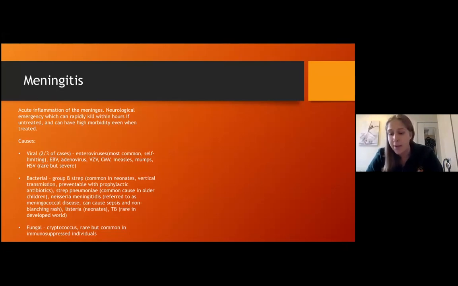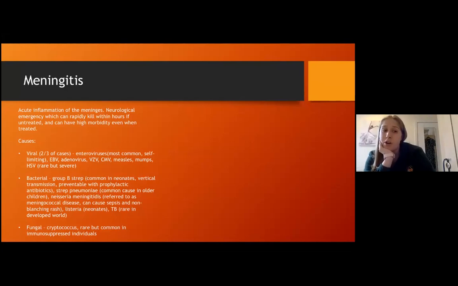Reasons to suspect it would be recent contact with someone who has known HSV, altered behaviour or mental state, seizures, deranged LFTs, or being severely unwell. Those are all reasons to suspect HSV, but it is very rare, so it's probably not going to be the case.